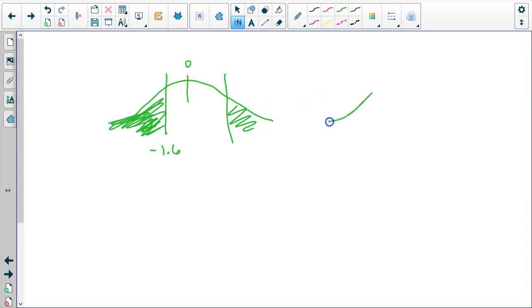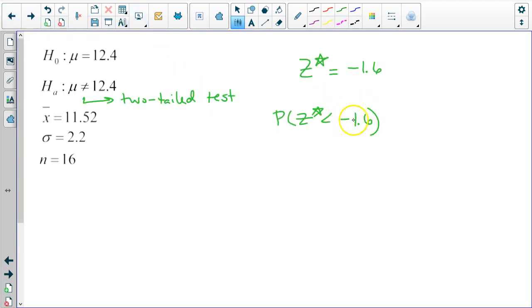If I'd got a number like you did on the homework above 0, we don't want this whole big area, right? So that's why we would subtract from 1, to get this, and then we multiply that number by 2. So it really is all about the z-score, but because that's negative, we're good. And we get 0.0548.